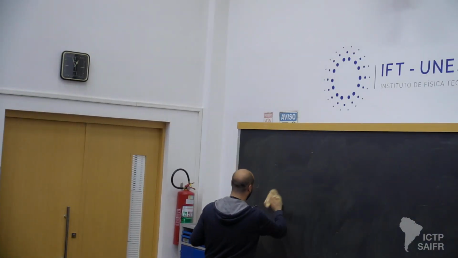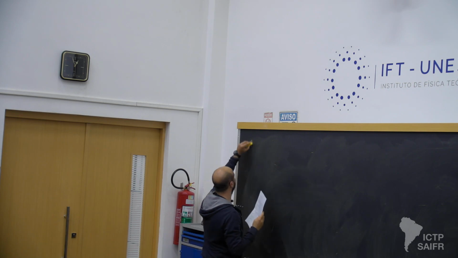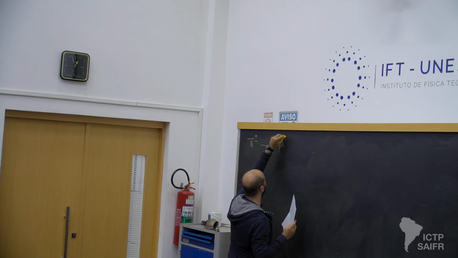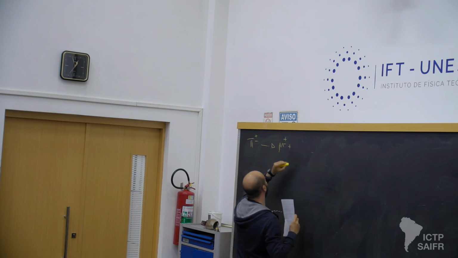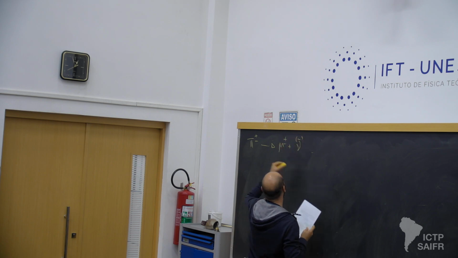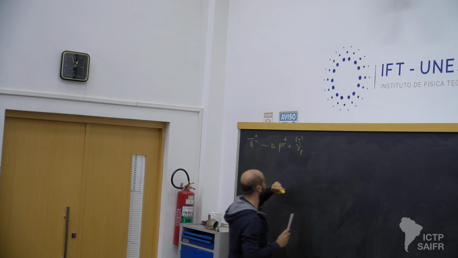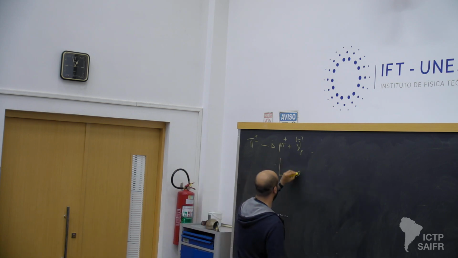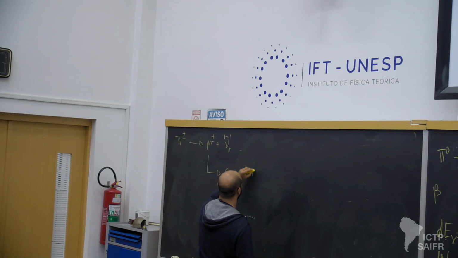You have a pi plus or pi minus that goes into mu plus or minus plus, okay, there will be a neutrino or an antineutrino of the muon type. And then this guy will eventually decay into electrons plus neutrino plus antineutrino, or, okay, I have to choose some sign, otherwise it's a mess.